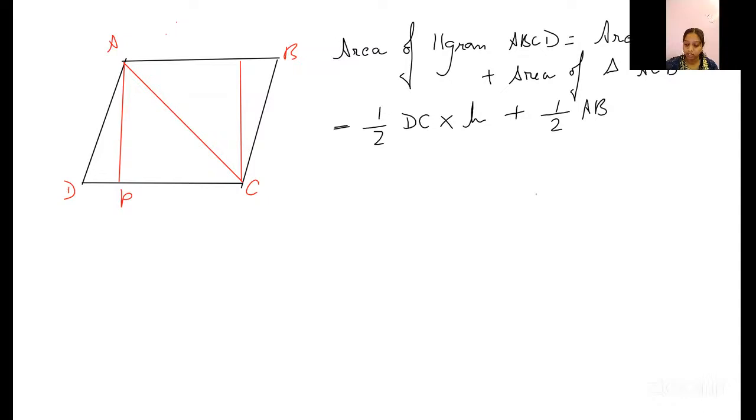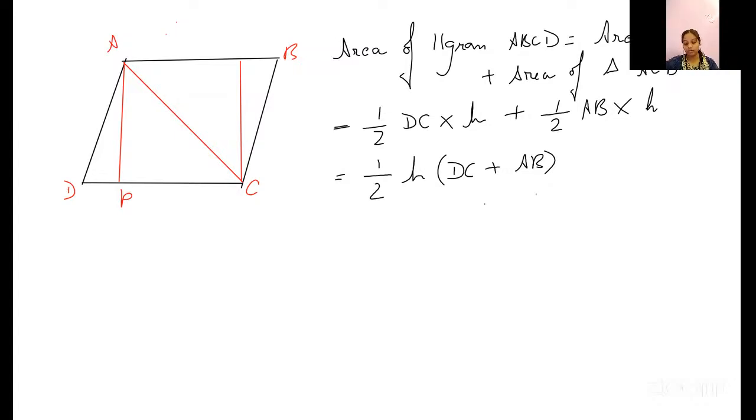AB, into its height. What is common in both of them? The height. The height is coming in both of them. So we can write it like this: half height into BC plus AB.